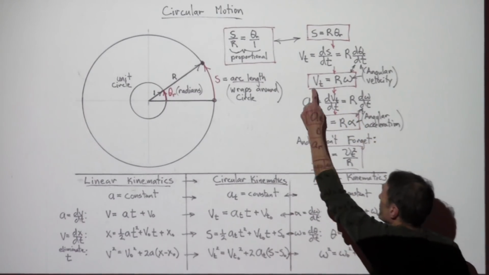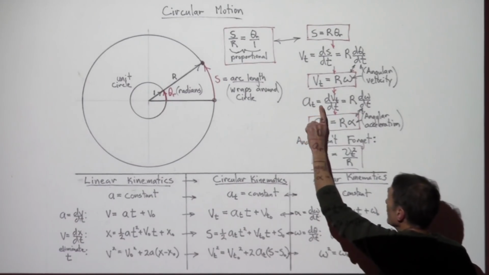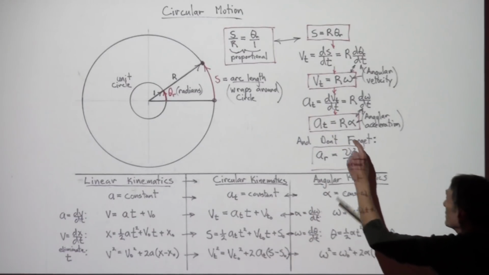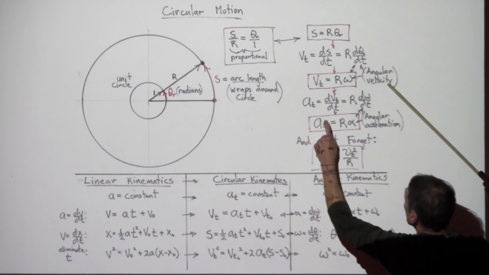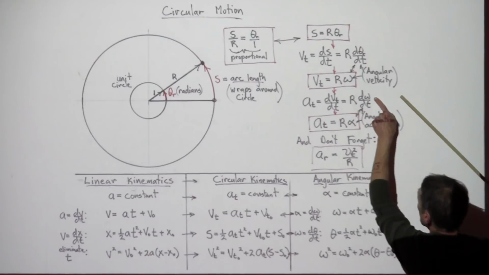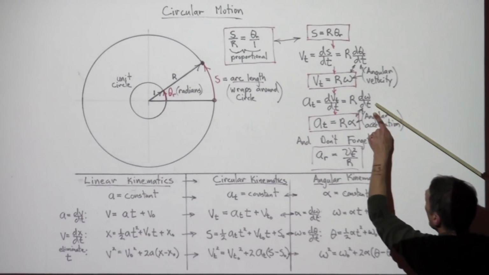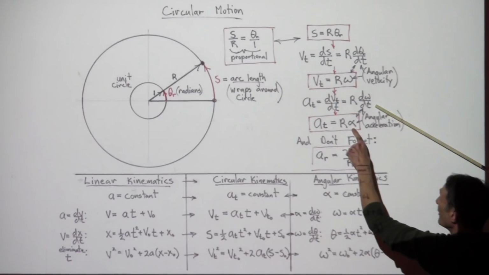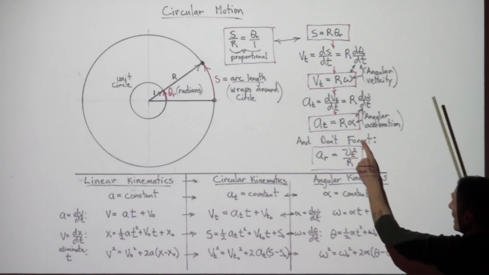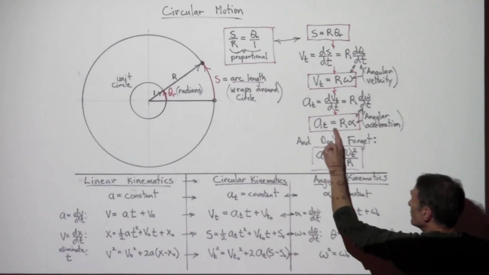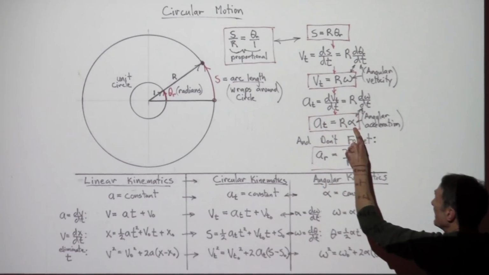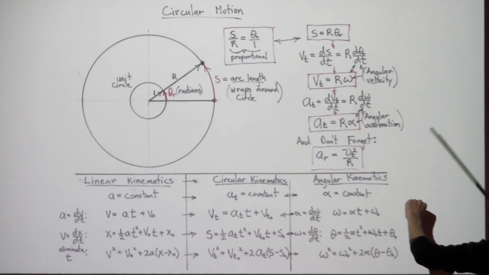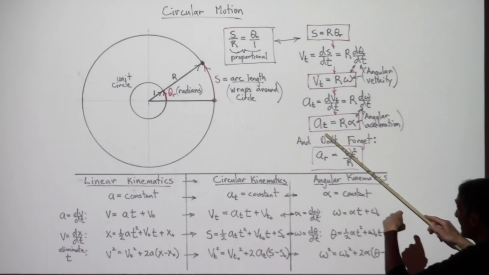If we want to go one more step and get the tangential acceleration, I can do that by taking the derivative of this again with respect to time. So the tangential acceleration is going to be r times d omega dt. We use the Greek letter alpha to represent what we'll call the angular acceleration. So the tangential acceleration is equal to r times the angular acceleration. Okay, that's the tangential part.